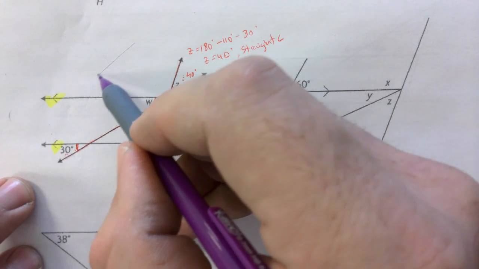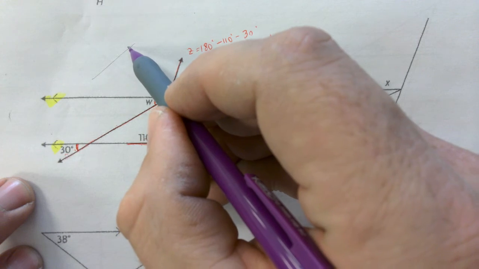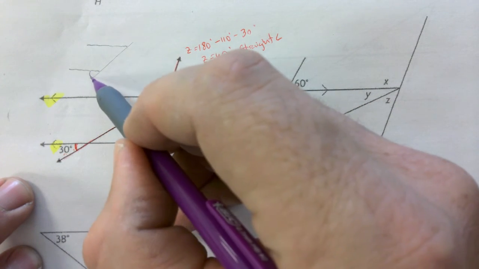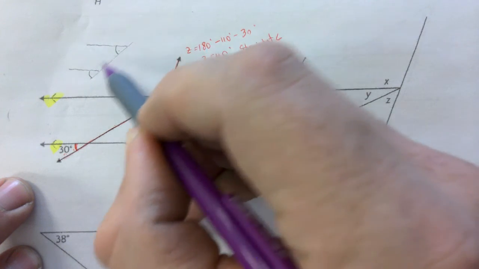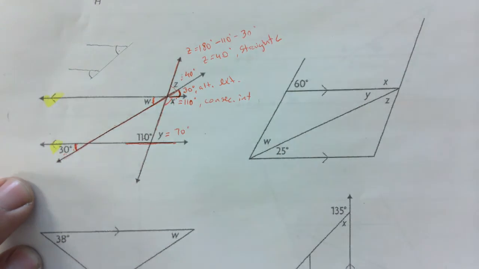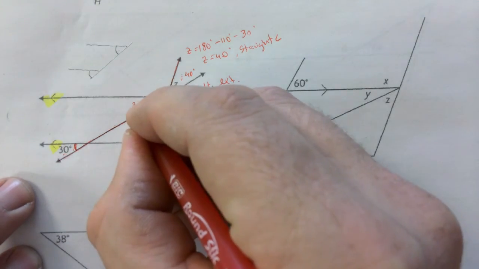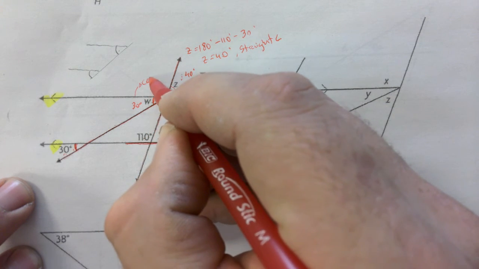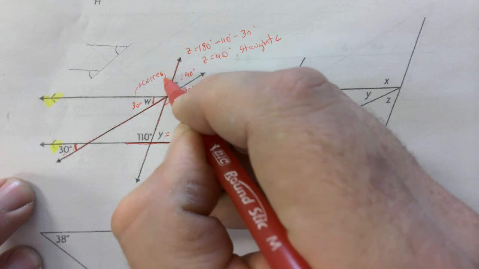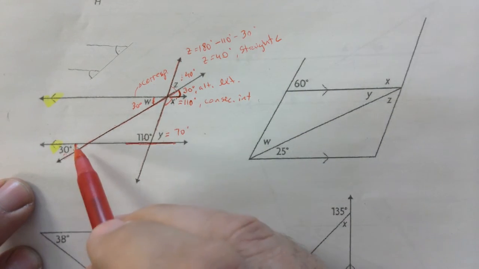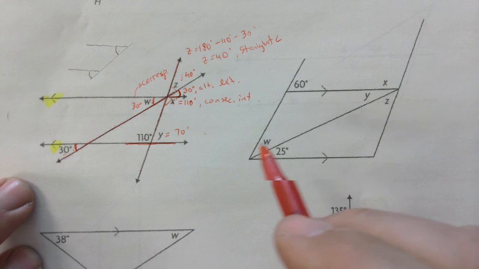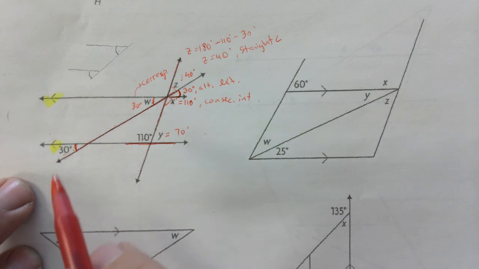If I have this transversal and this line right here and another one right here, then this and this would be corresponding. So that's 30 here. Corresponding. So these two you got out of that, okay? So slowly you got it all.